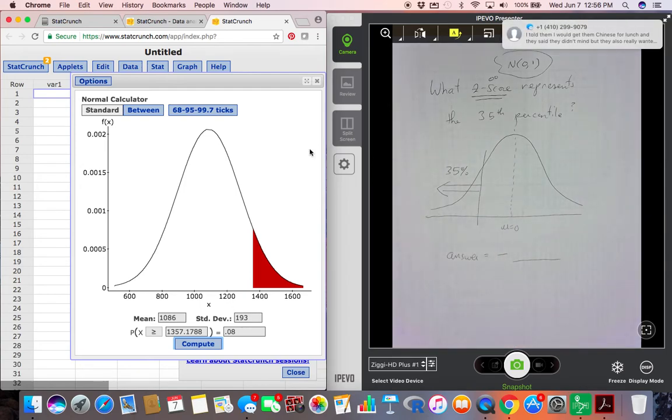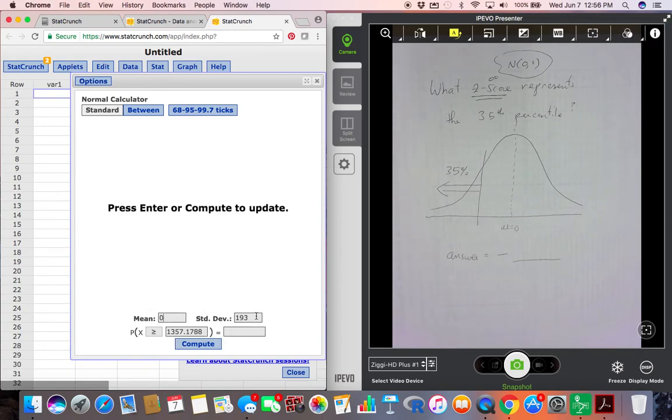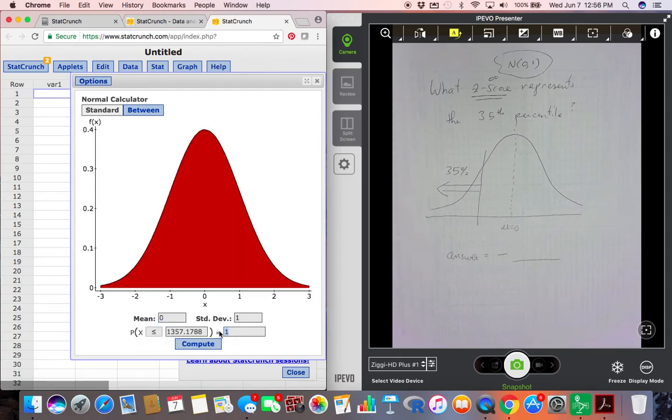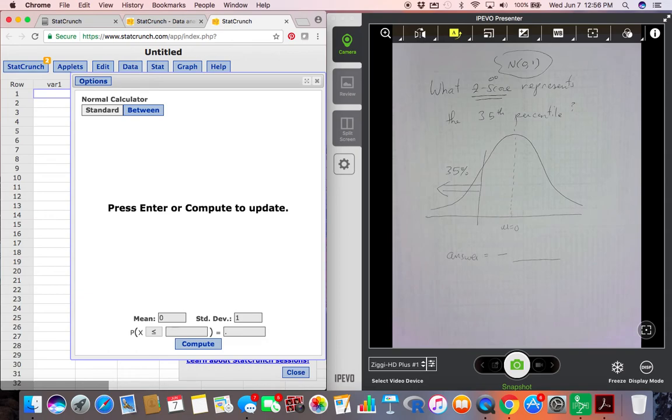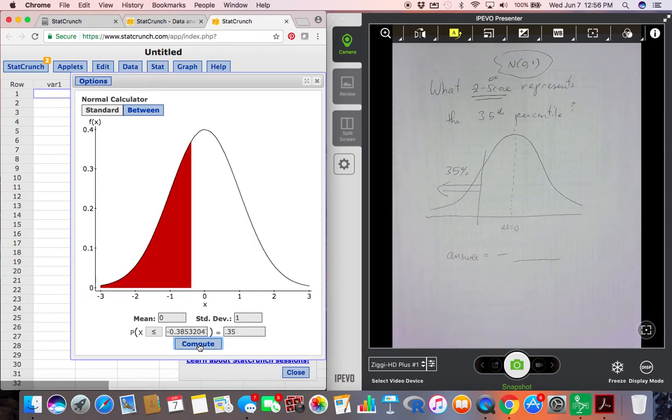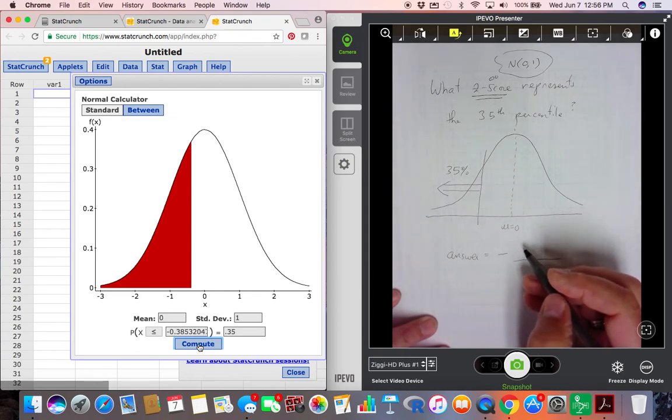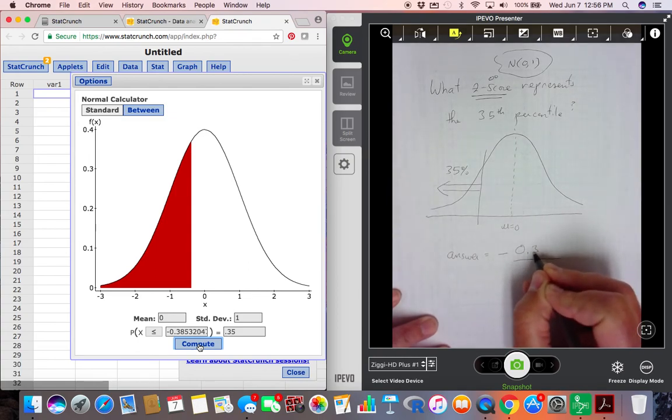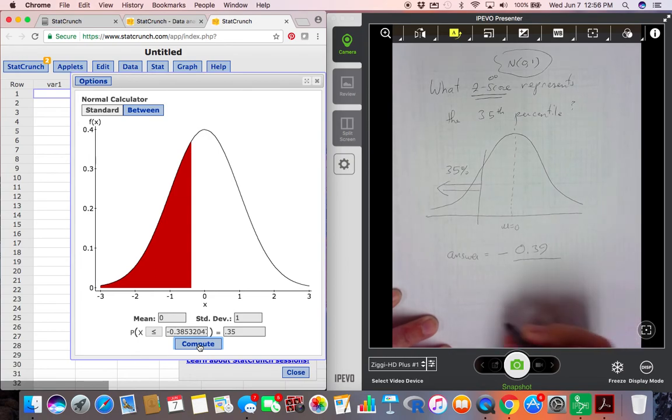So let's do it. I have a mean of 0, standard deviation of 1. So I want P less than, and I want this to be 0.35. So the z-score is negative 0.39.